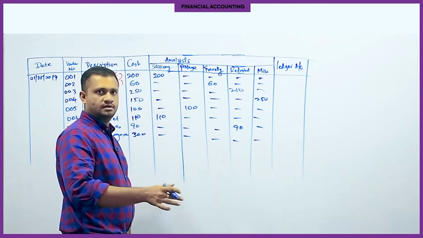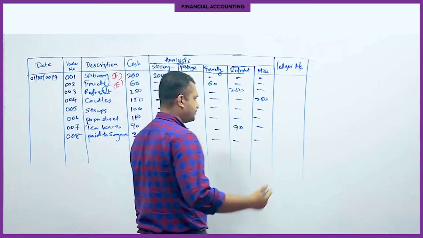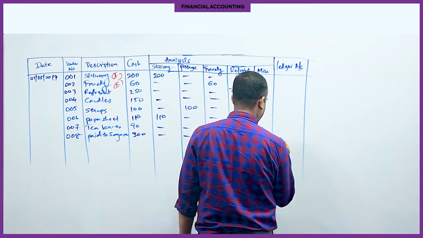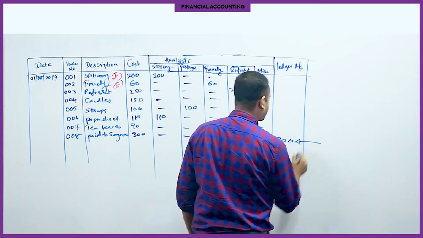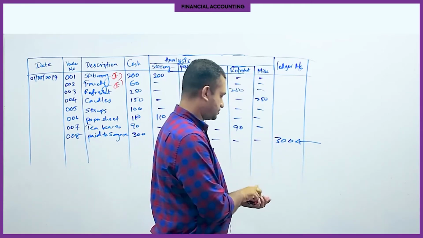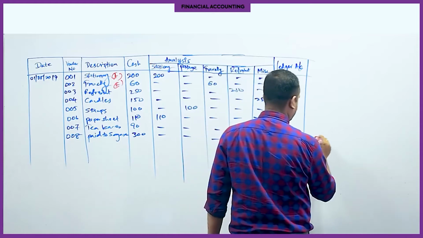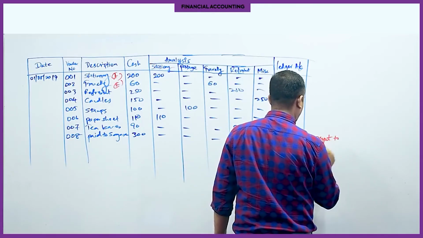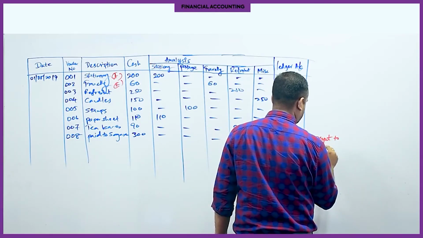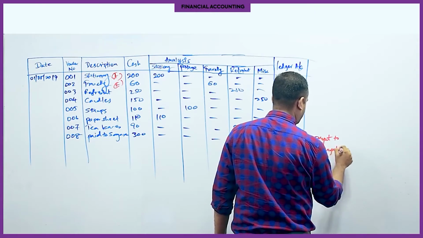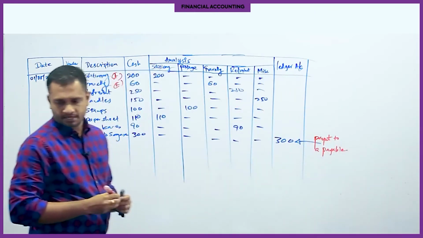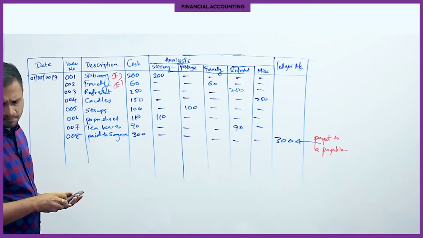It is directly related to the main business. We are paying a payable, so that 300 will appear in the ledger account. It is a payment to a payable. Then vehicle parking, 50.